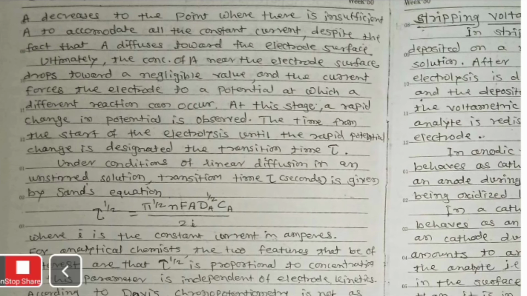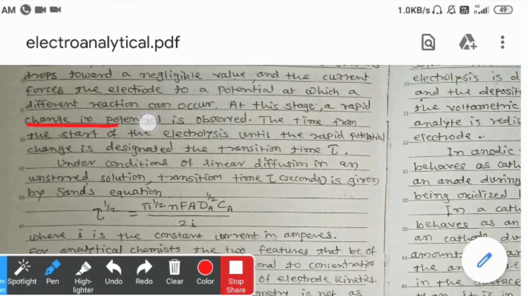At this stage we get a rapid change in potential. The time from the start of electrolysis until the rapid potential change is the transition time, tau. Under linear diffusion in an unstirred solution, the transition time tau is given by the Sand equation.